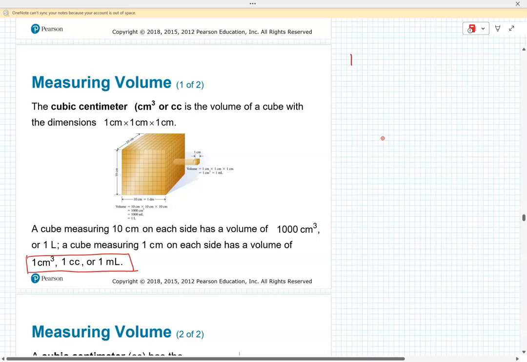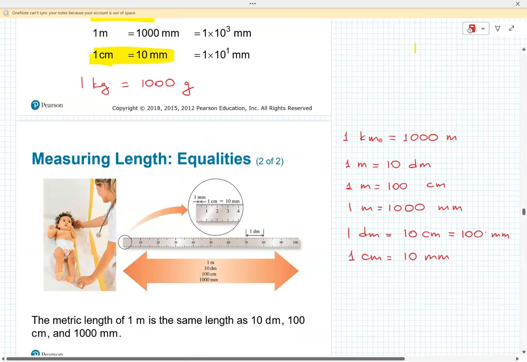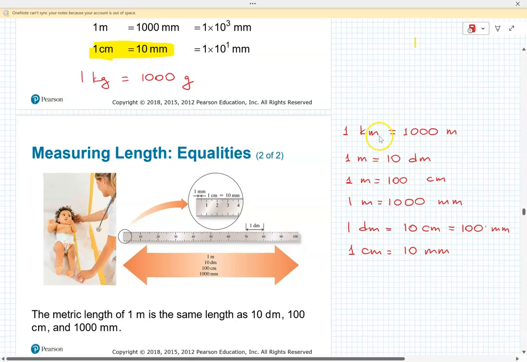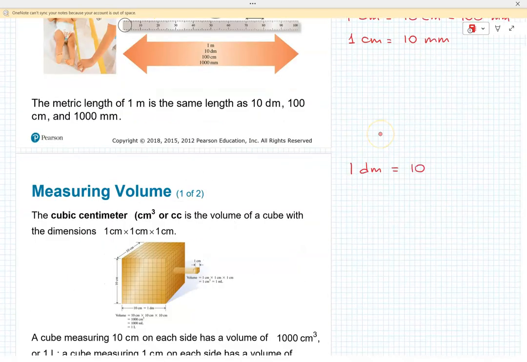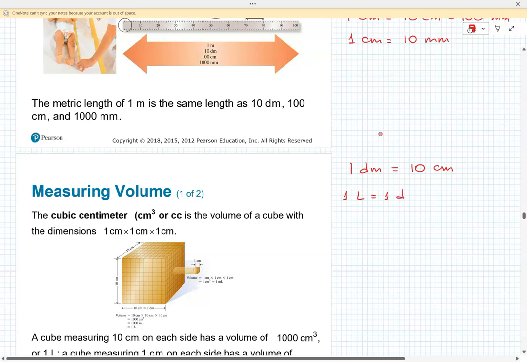So 1 decimeter equals how many centimeters? 10. You follow me? 1 liter, as you may remember, is equivalent to 1 decimeter cubed.